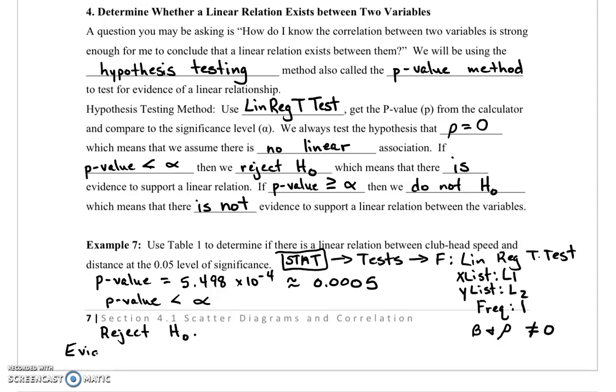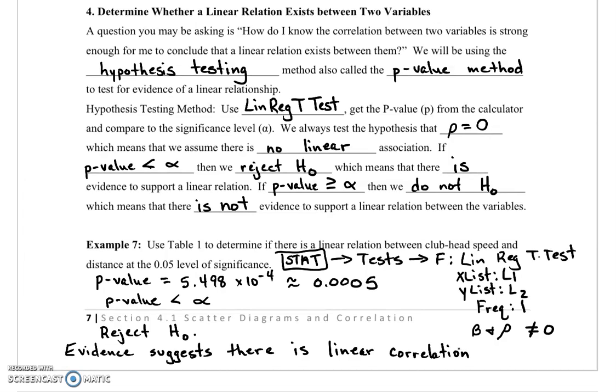which means that evidence suggests there is linear correlation between club head speed and distance.